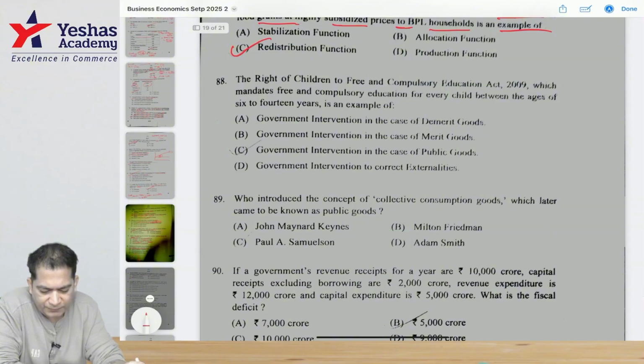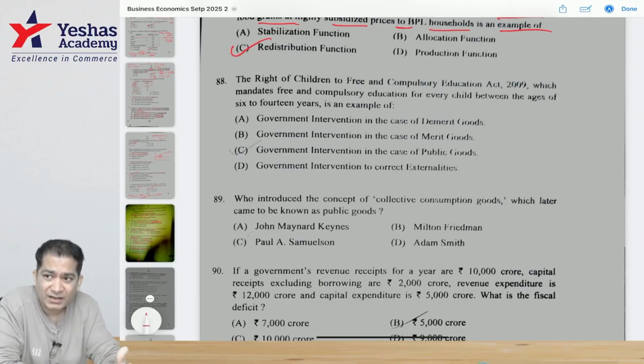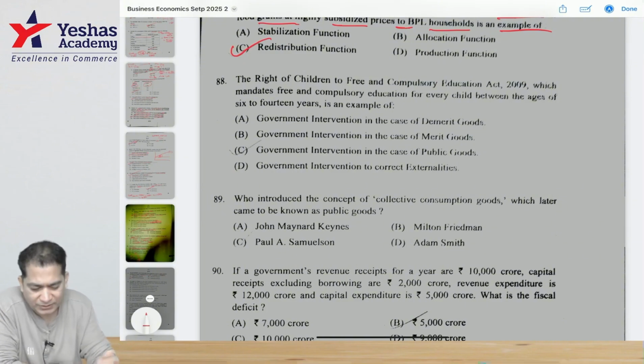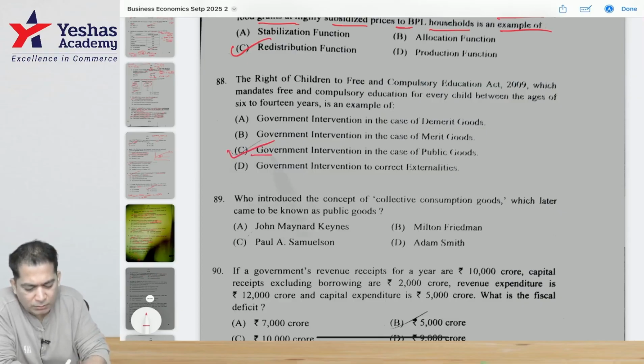The Right of Children to Free and Compulsory Education Act 2009, which mandates free and compulsory education for every child between the age of 6 to 14 years, is an example of, again, a part of intervention by the government to promote those goods which are going to affect the economy positively in the long run. They have significant merits. So public goods will be the answer?